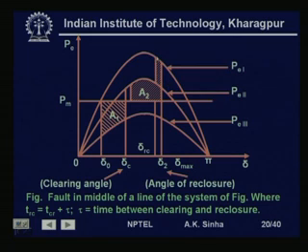So, again in this case, if we are assuming it to be a transient fault which is cleared, which is most of the time, then we can find the accelerating area available, that is the accelerating area up to the clearing time, and the decelerating area available will now be given by this. So, if recloser occurs at delta cr, then suddenly the operating point jumps to this point, and the decelerating area available will be given by this.